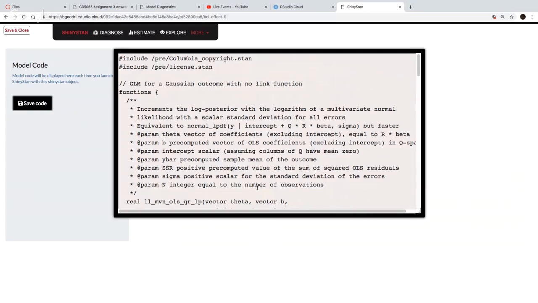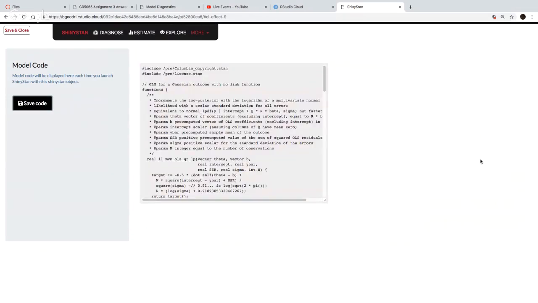So I don't think this would be that helpful at this point, but when you start learning more about how to do things in the Stan language, if you see a ShinyStan of some other model, or you forget what your model was, you can click in this thing and see the code that did it.